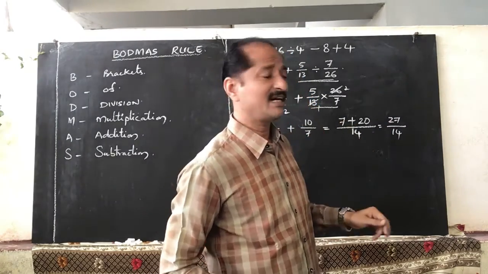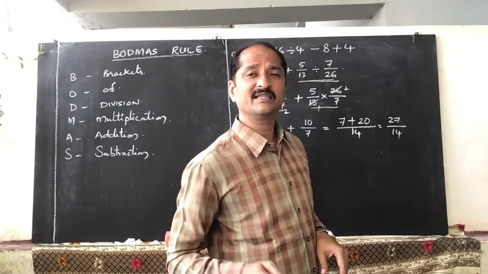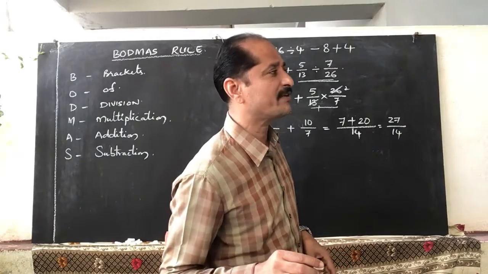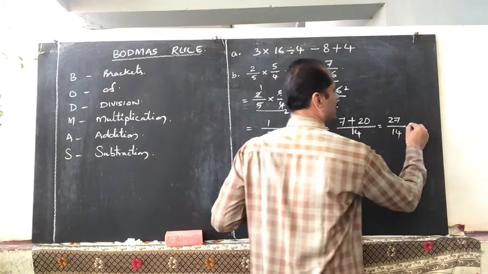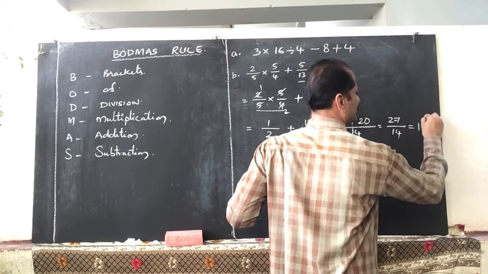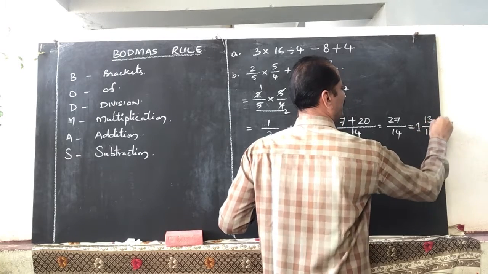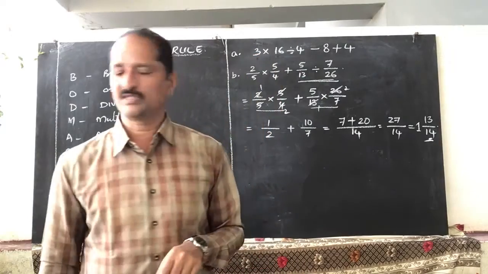So these are co-primes, but it is an improper fraction. Convert this improper fraction into a mixed fraction: 14 1s are 14, the remainder is 13, so 1 and 13 by 14 is the solution for this one.